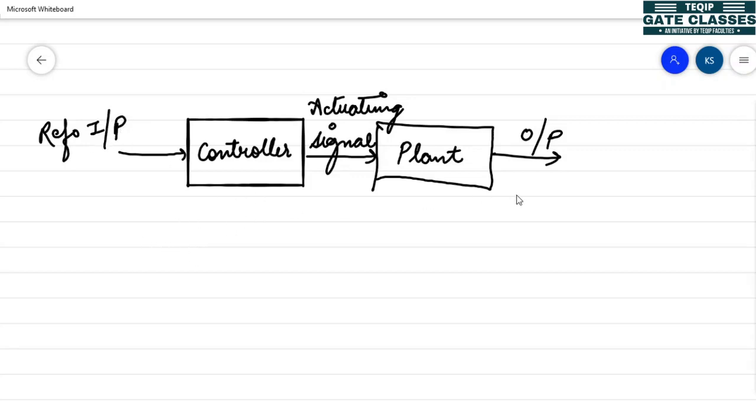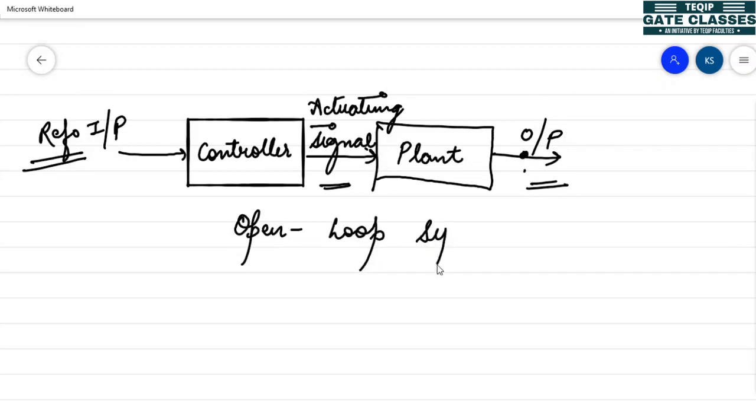So we can observe that we are not taking any feedback from the output, or there is no effect of output on the actuating signal of the plant. So controller is designed in such a way that from the reference input it will generate the actuating signal which is acting on the plant so as to give the desired output. This is open loop system representation.